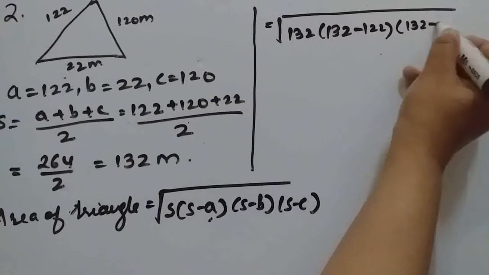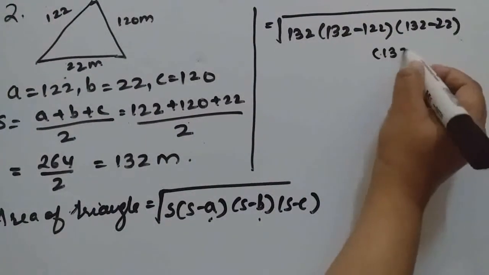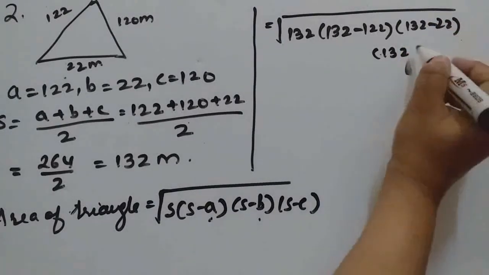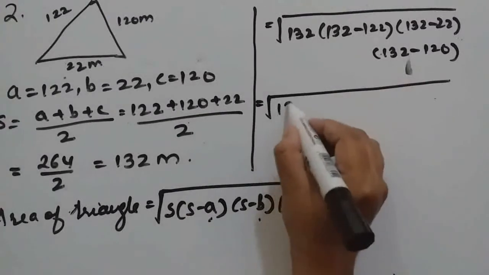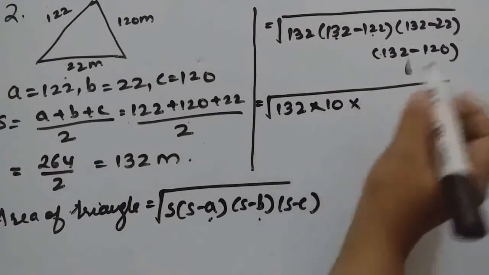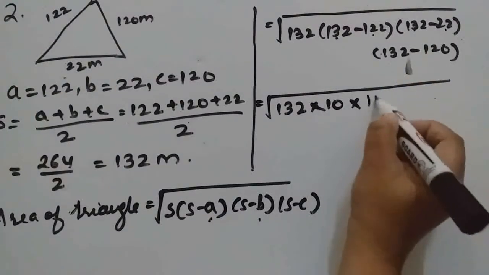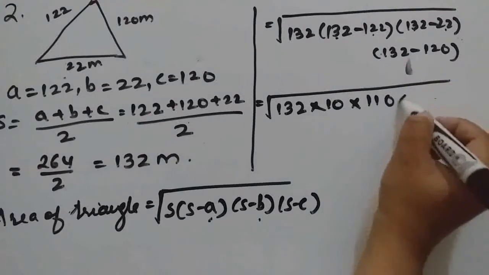Then 132 minus B is what? 22. Then 132 minus 120. So 132 minus 122 will give 10, 132 minus 22 will give 110, and 132 minus 120 will give 12.